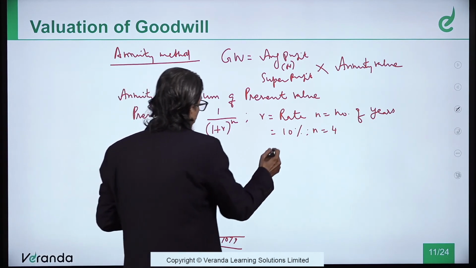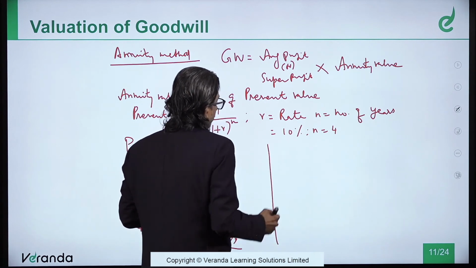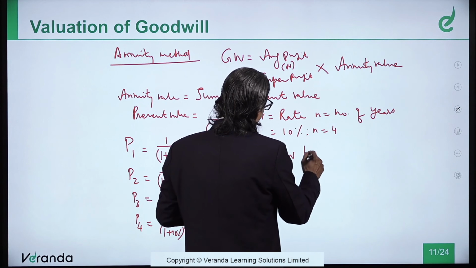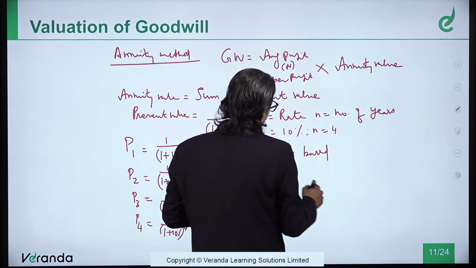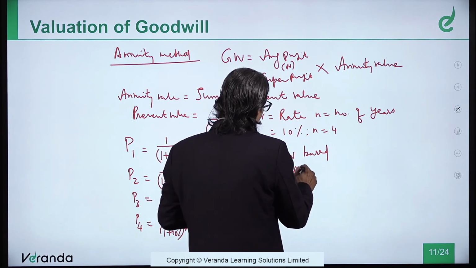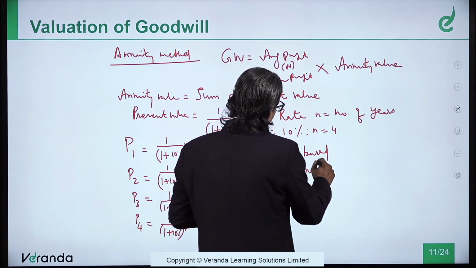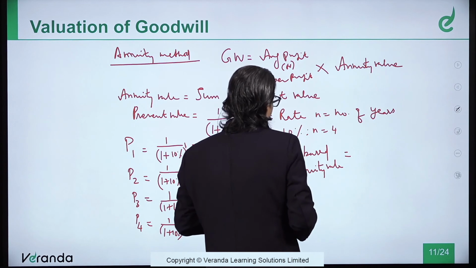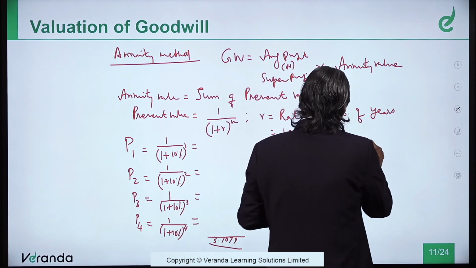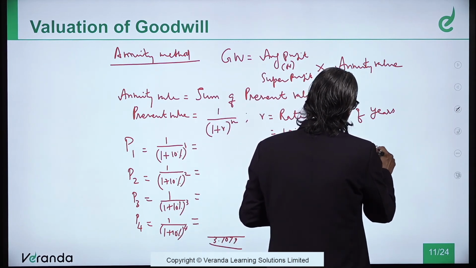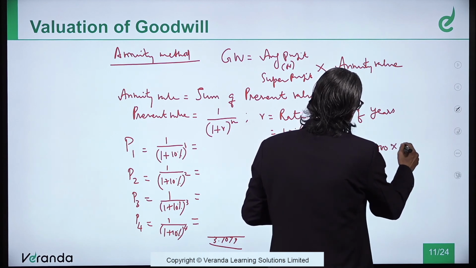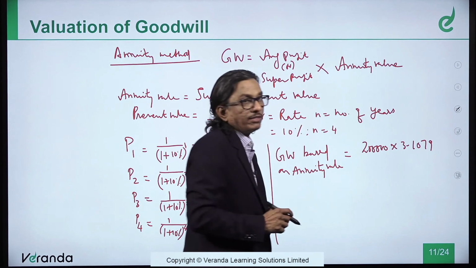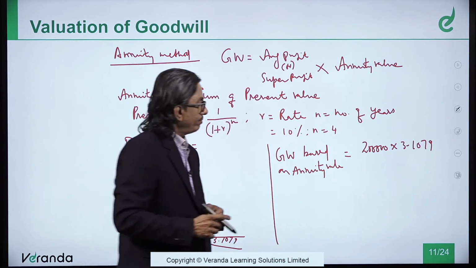So therefore, goodwill based on annuity value is equal to, you know the average profit is 2 lakh, you multiply that by 3.1079, you will get the value of goodwill.